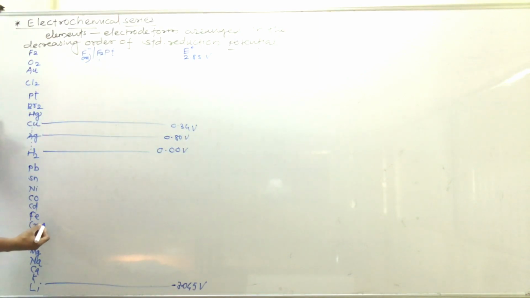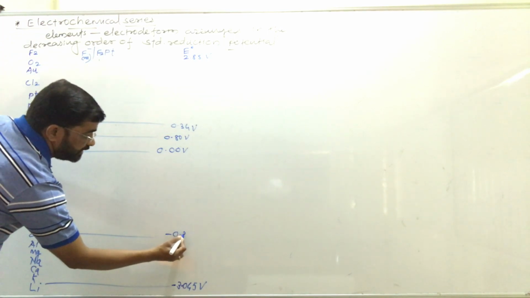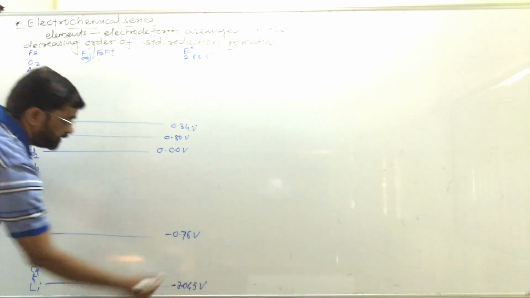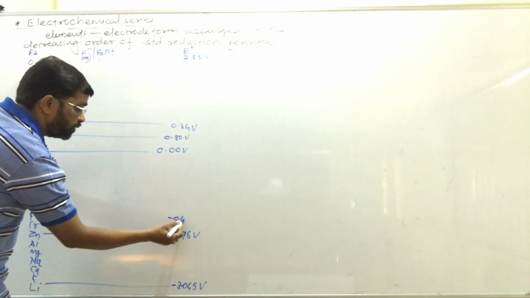Then zinc, minus 0.76 volt, or another element like iron, minus 0.44 volt.